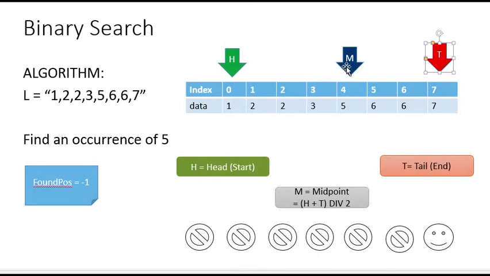I begin by looking at the element midway, which we calculate by always taking the head plus the tail positions and doing integer division by 2. In this case, 0 plus 7 is 7, 7 div 2 is 3. So my M marker, my midpoint, would point to element 3.